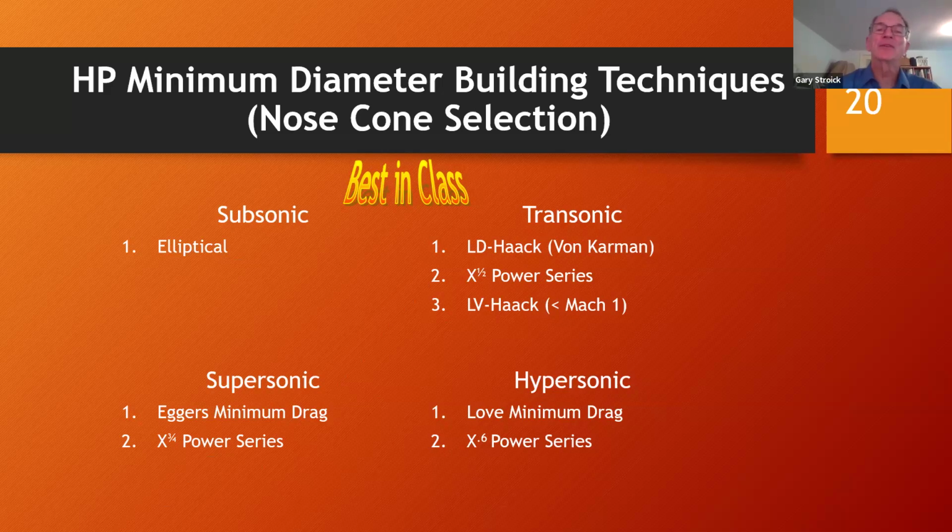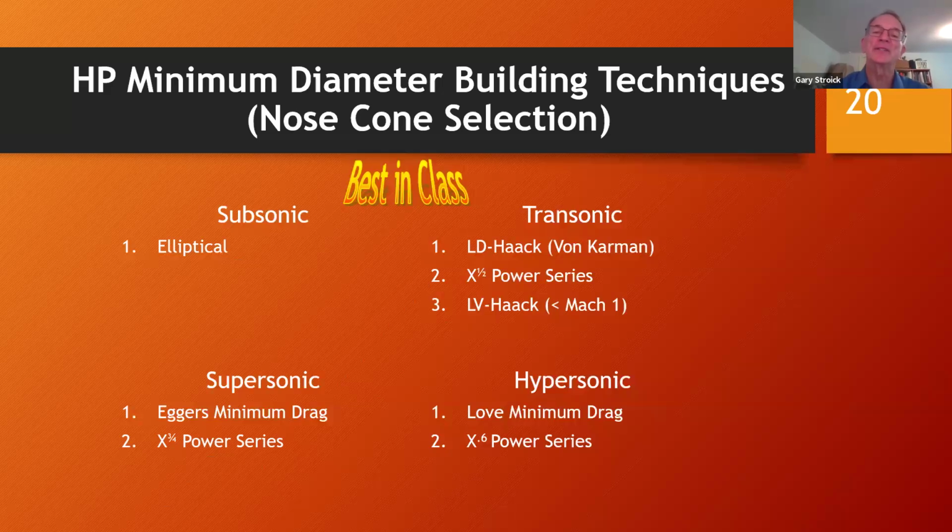For subsonic flights, elliptical nose cones are generally the best performing. In transonic flights, you have the LD Haack, you have half power series nose cones, which, by the way, unless you make it yourself, you really don't find commercially available.